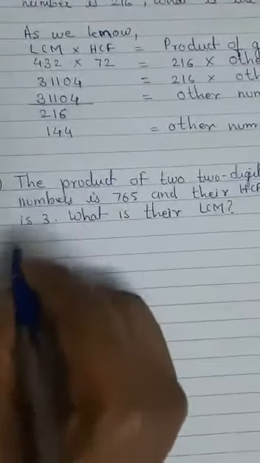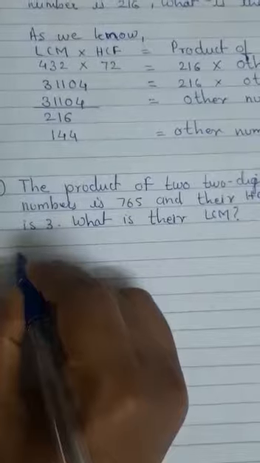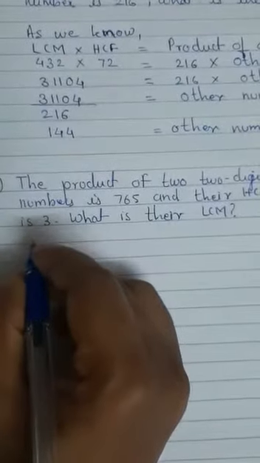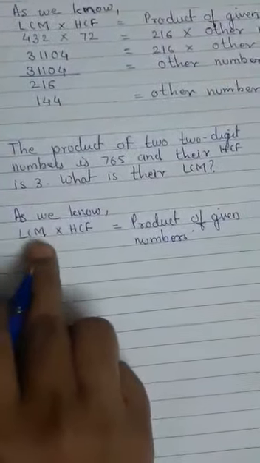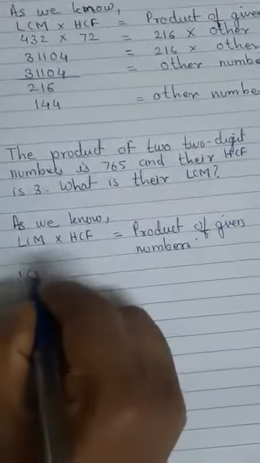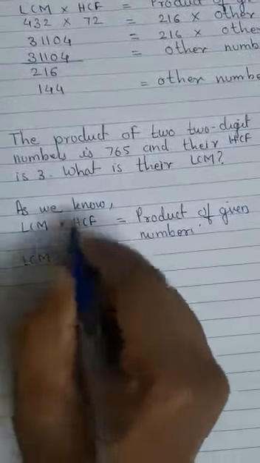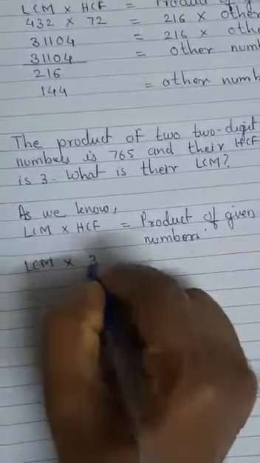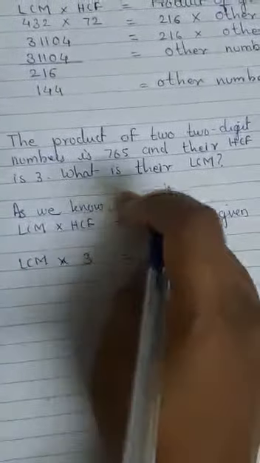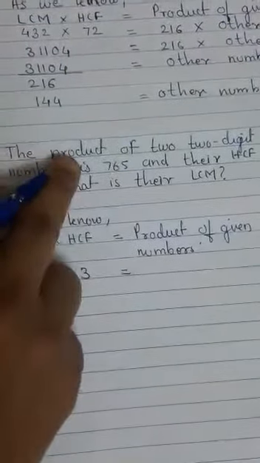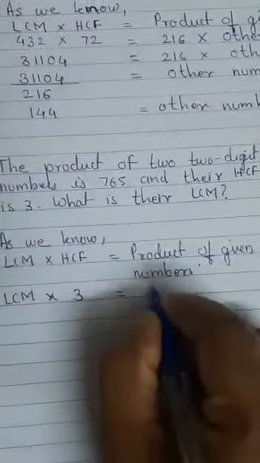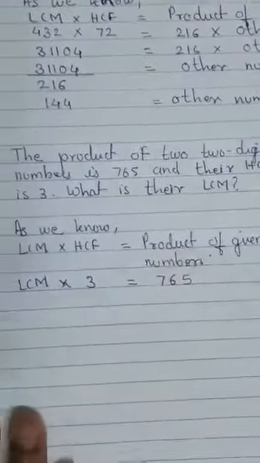As we know, the product of LCM and HCF is equal to the product of the given numbers. Let's substitute the values. LCM is not given, so we'll write LCM as it is. HCF is given as 3, is equal to the product of the given numbers. The product is already given as 765, so we'll write 765 here.